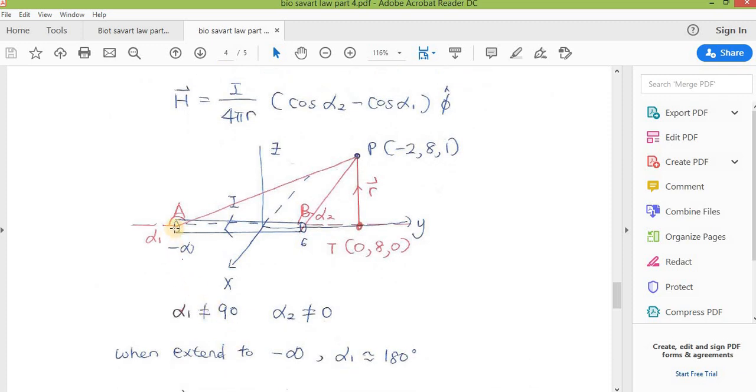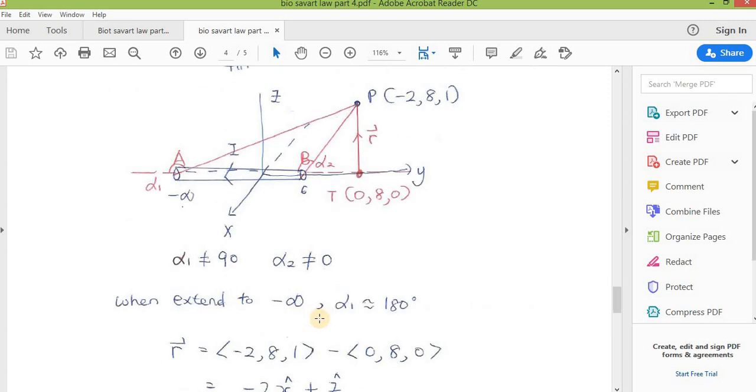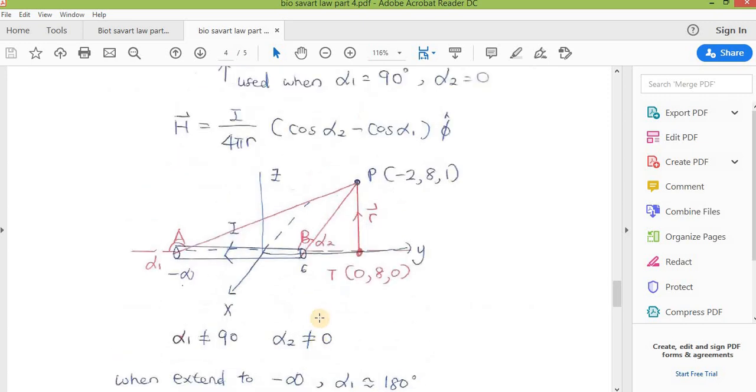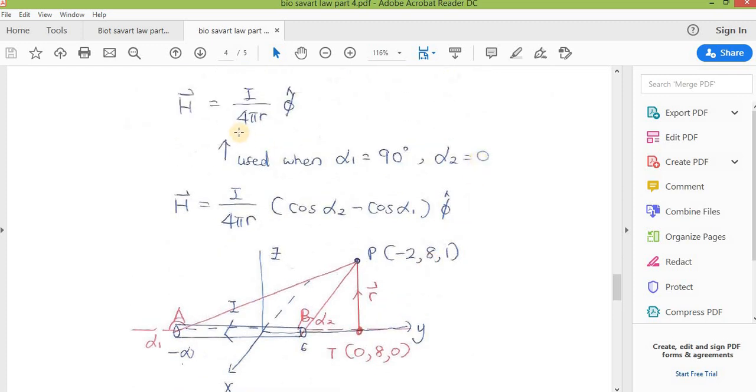When point A extends to negative infinity, alpha 1 will approximate 180 degrees, not 90. And alpha 2 is also not 0. Which means you cannot use that equation; you have to use this equation instead.